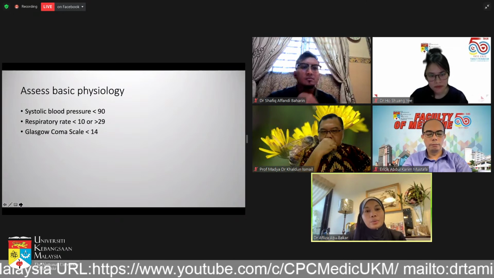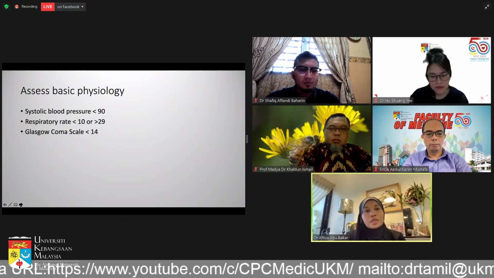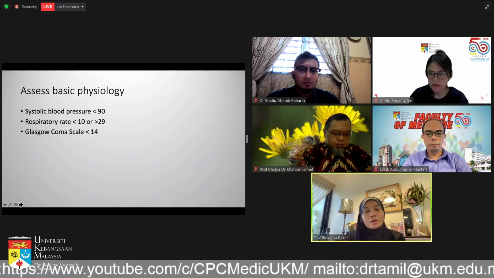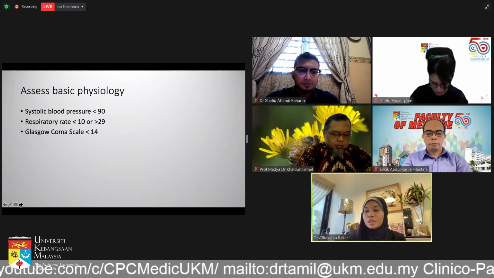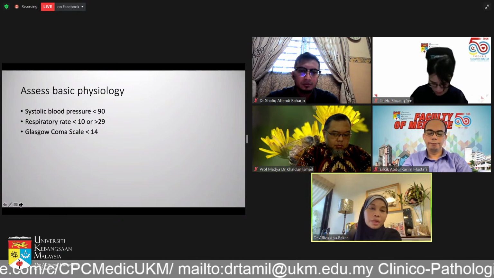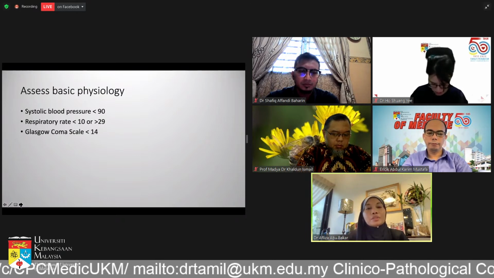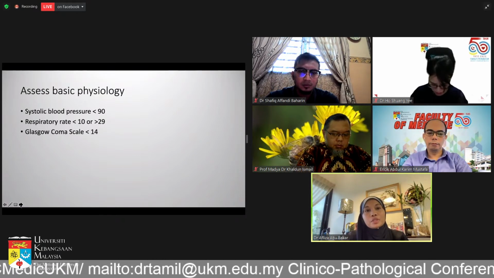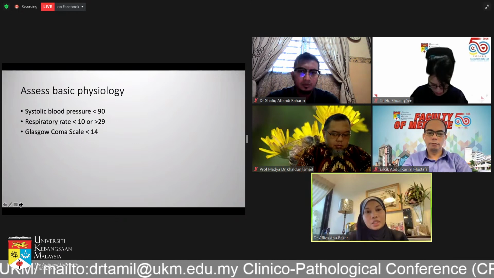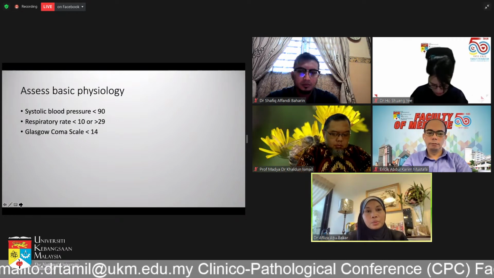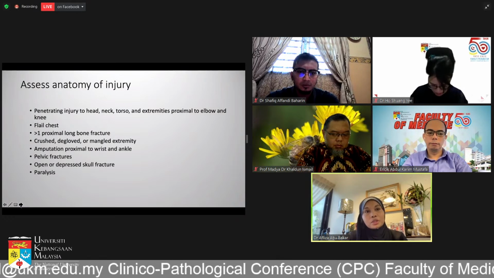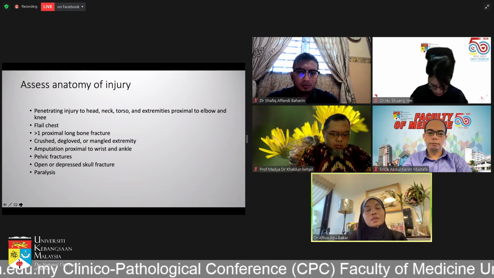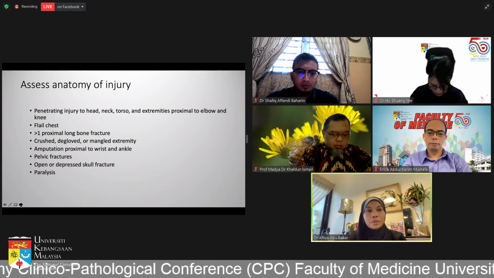Once we find the patient, we approach the patient looking at the systolic blood pressure, the respiratory rate, and the Glasgow Coma Scale. We pay attention to these three parameters first and try to correct the patient's physiological state as much as possible to near normal. Okay. And then from the physiological point of view, we move towards the anatomical injury that is present on the patient.